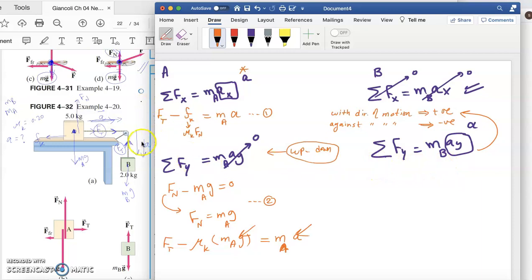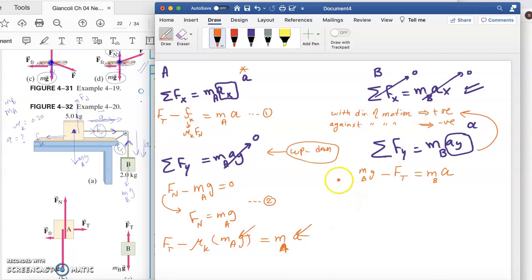Summation of Fy. Where is the direction of motion? Downward. So what is the thing which is with the direction of motion? It's mbg. What is the force which is against the direction of motion? It's Ft. So we will write mbg minus Ft is equal to mba, not minus a, because we are doing it with the direction of motion positive.